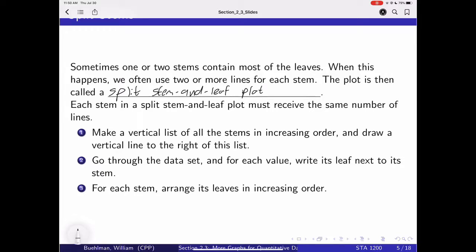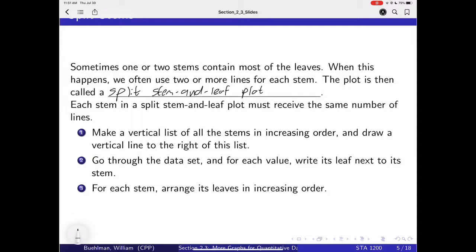Each stem in a split stem and leaf plot must receive the same number of lines. So if we split the 10s into 2 lines, then the 20s have to be split into 2 lines, and the 30s. So we have to be consistent.